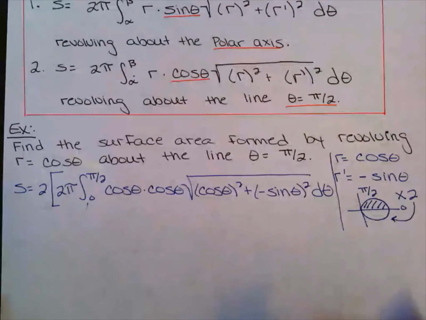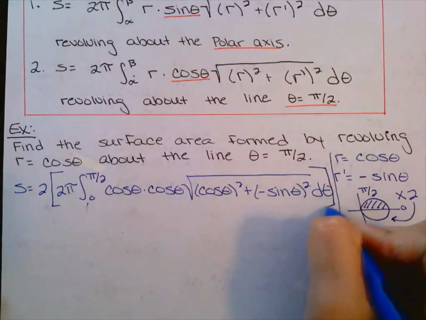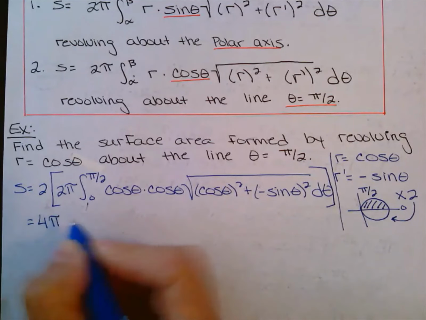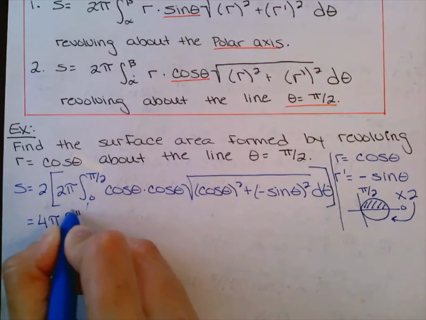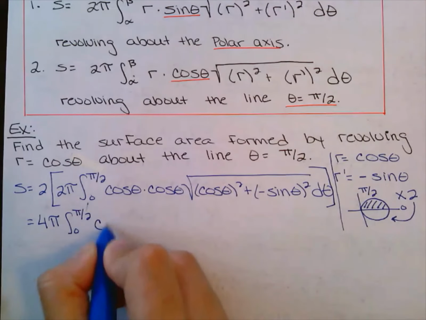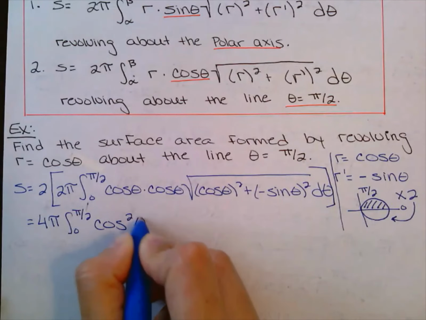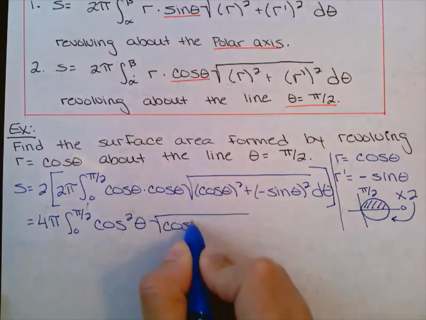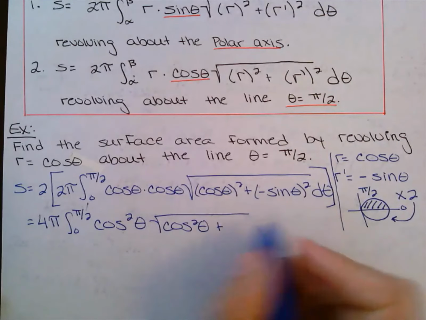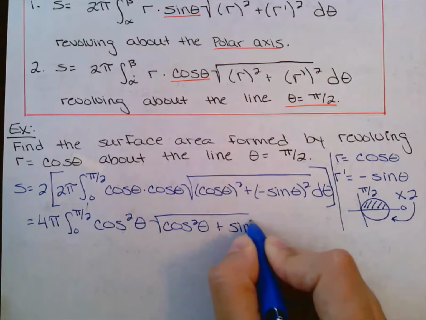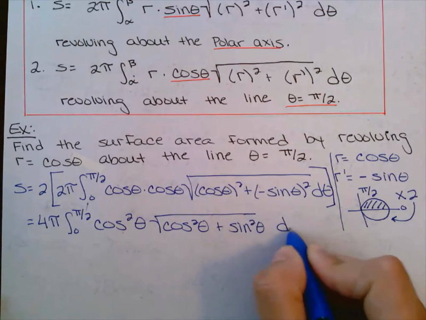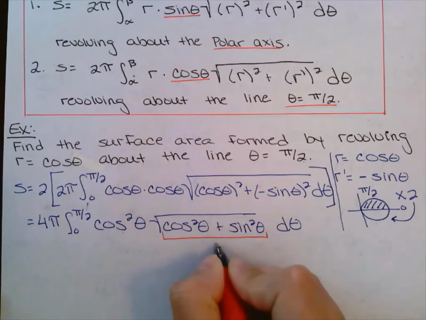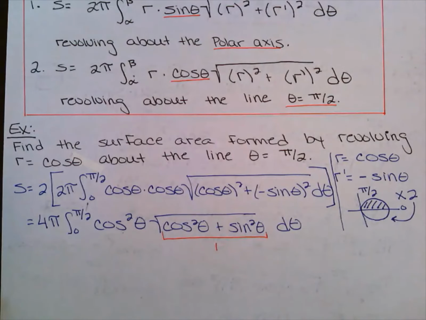Okay? Now it is time to clean. The 2 and the 2 are going to make 4 pi. Cosine and cosine make cosine squared of theta. Here I have cosine squared plus the negative is going to disappear and it's going to be a positive sine squared, which is really nice because I know that cosine squared and sine squared equal 1, and square root of 1 is just 1.